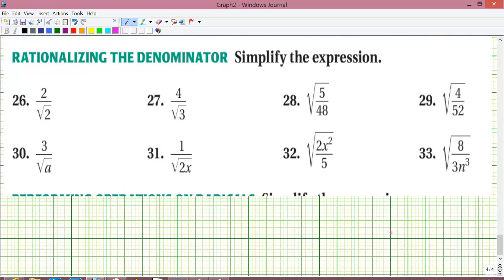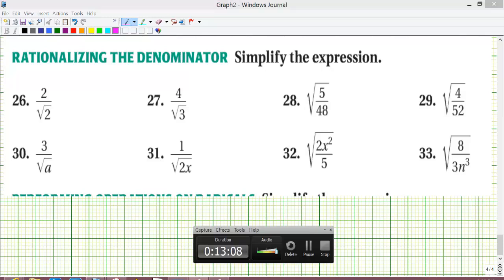Okay, so there are the problems. Work away. Once again, once you are completed and you're confident, check your work on the back wall and move on to the next section.